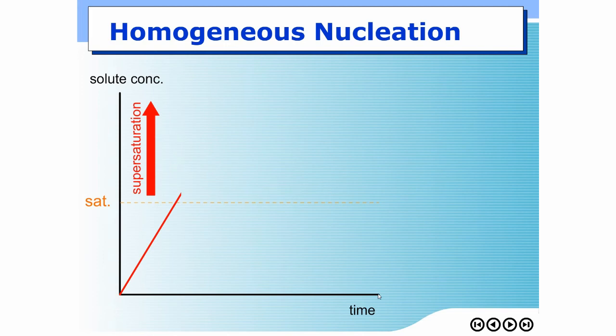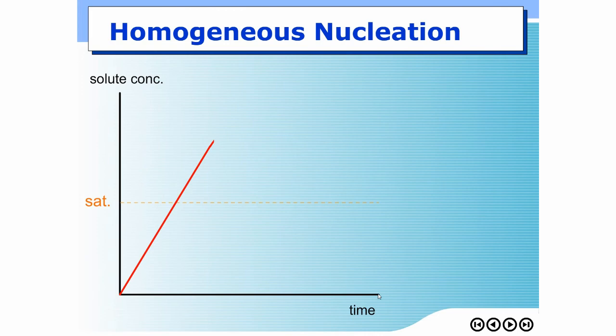So we can still produce more and more growth species by keeping the reaction going. In that case, the concentration of growth species exceeds the saturation point. That's called supersaturation. Alright?